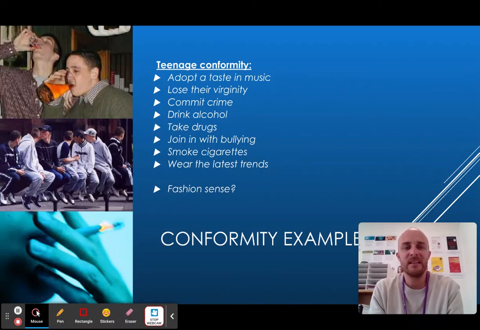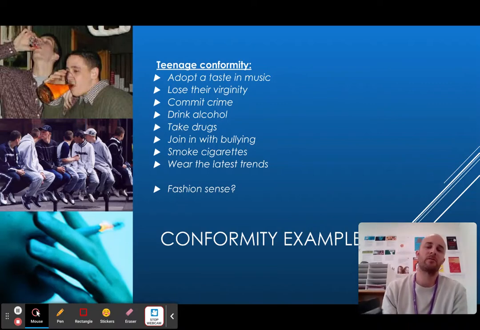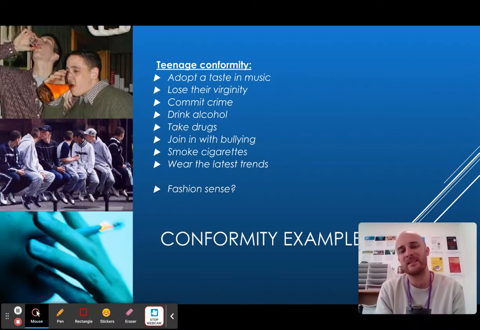So here are some teenage conformity examples that are pretty typical. Adapting a taste in music. Let me ask you, the music you listen to with your friends, do you actually like it? Or are you just doing it to go along with the group? Publicly, you say you like it, but privately you don't. Losing virginity before you are ready, another classic example.